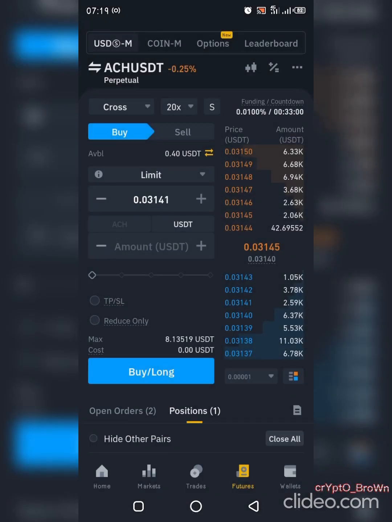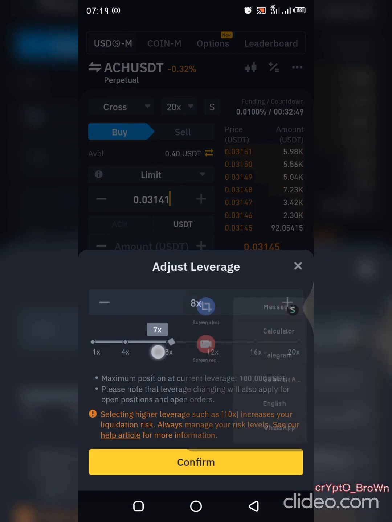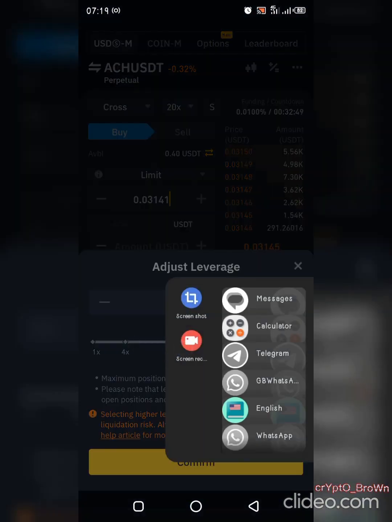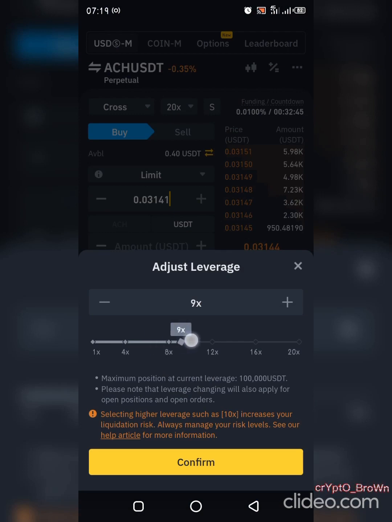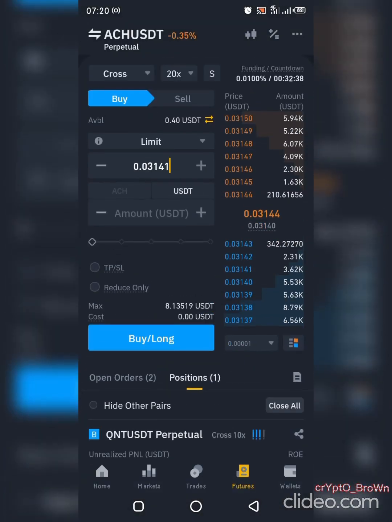Let's proceed. Now with the 20x leverage, I've already told you, you're advised to use less than 20x leverage. Most of the time I usually use 10x to avoid being liquidated early or getting out of trades.